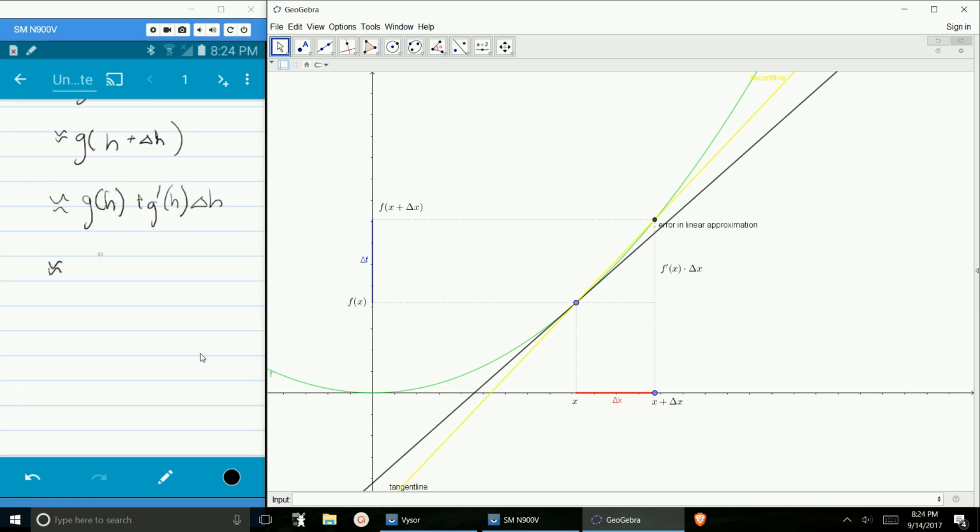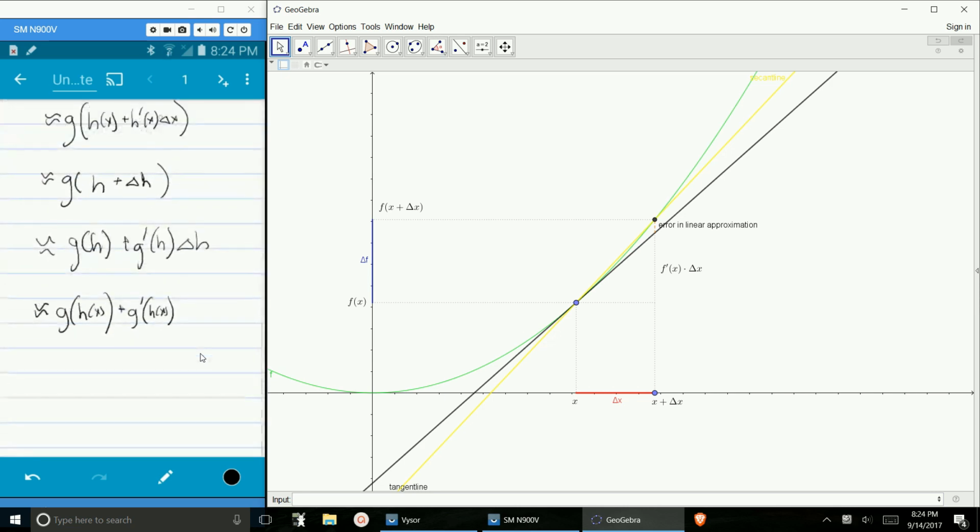I'm going to say that this is g of h of x, okay, plus g prime of h of x times, what is delta h again? Is this thing, right, approximately? So h prime of x delta x. Just instead of using delta x, I'm using this thing because they're basically the same, right? This magnitude and this magnitude almost agree, and they absolutely agree in the limit.